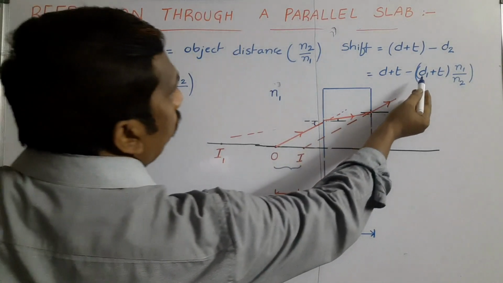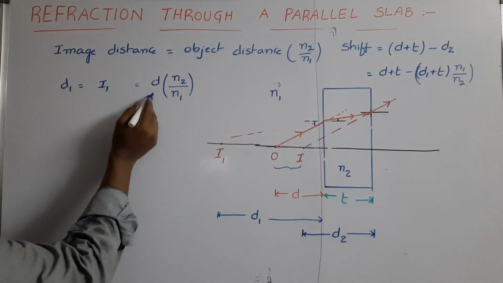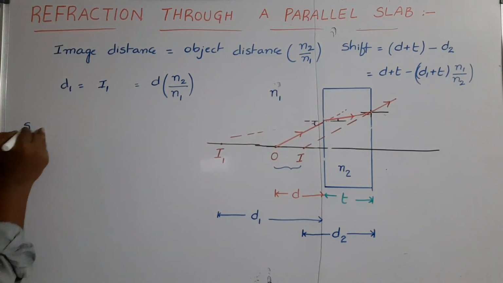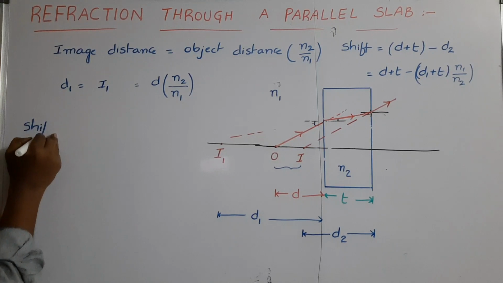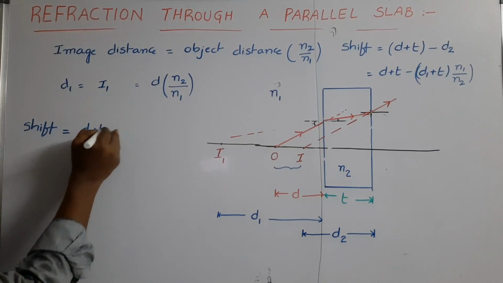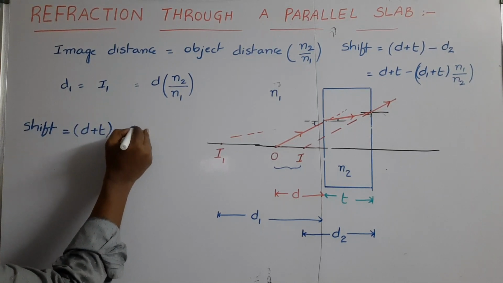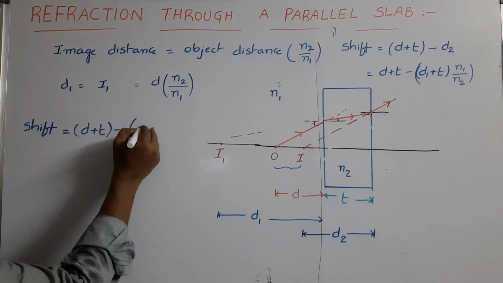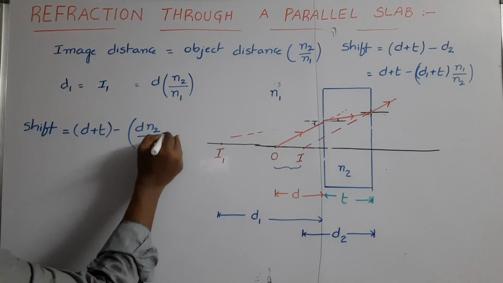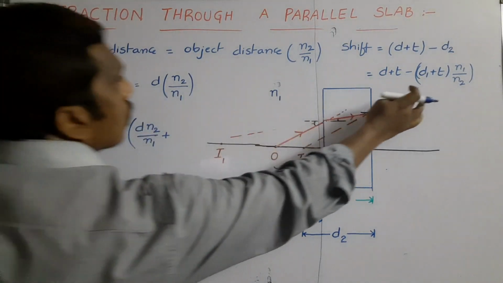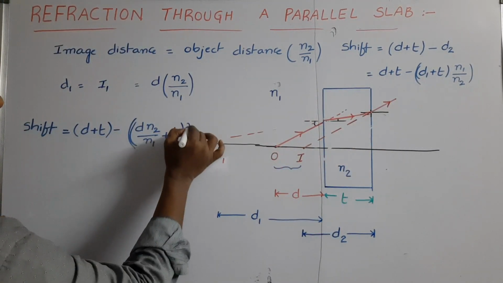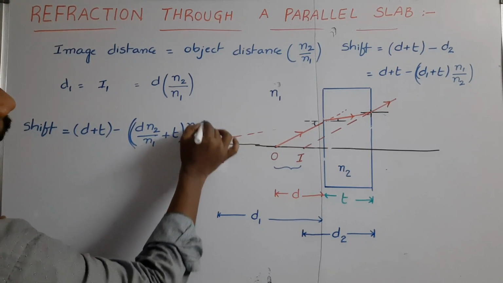But we know D1 is equal to D into N2 by N1. Substitute there, then shift is equal to D plus T minus D1, where D1 is equal to D into N2 by N1, plus T into N1 by N2.